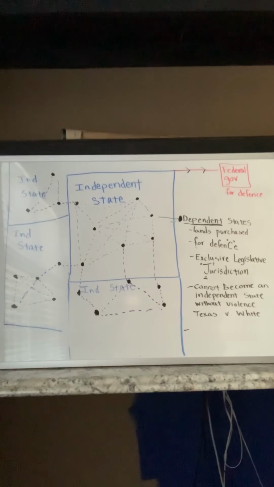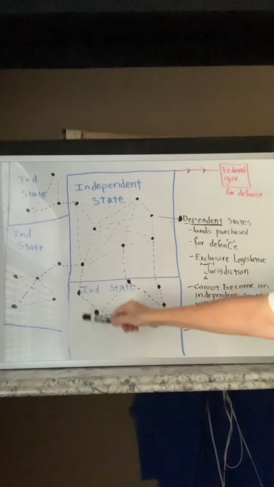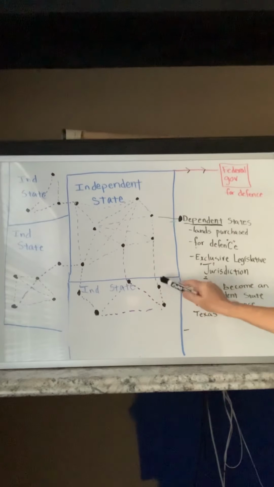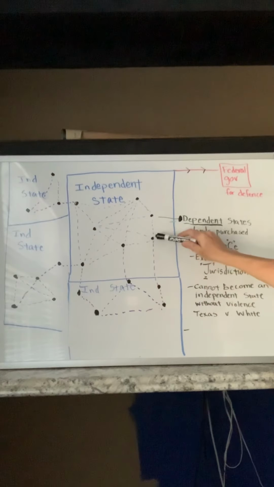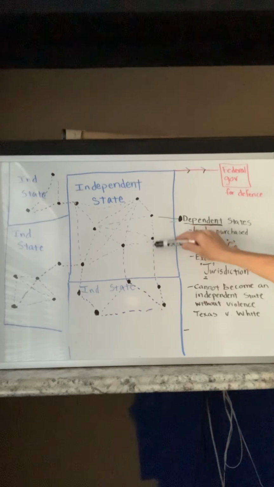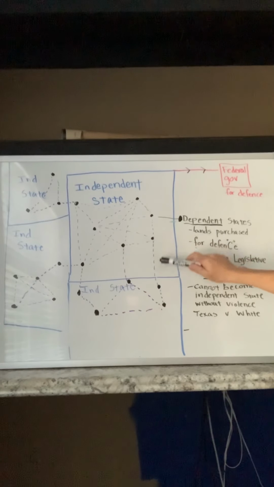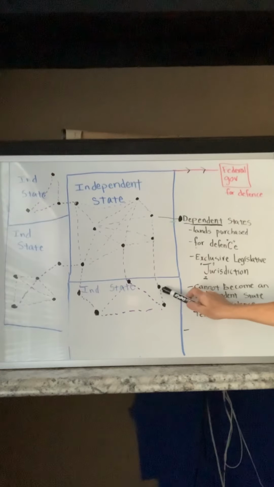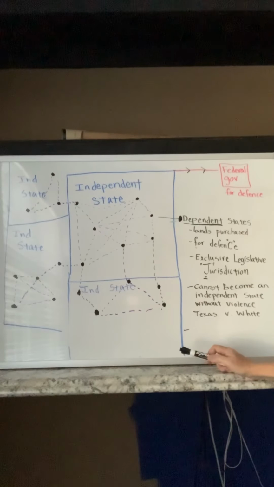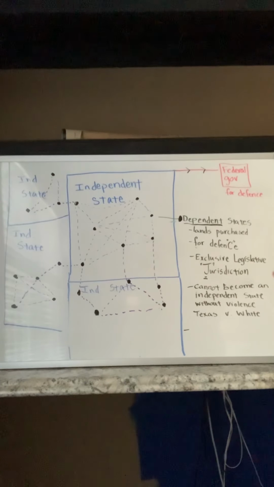This is important in times of war, because in war times you might have a state decide it's left the Union, or it doesn't want to participate in a war, and it blocks the passage of the people of the federal government from going from one independent state to another independent state, from one dependent state in an independent state to another military post in an independent state. So that's why it had to have either concurrent or partial legislative jurisdiction over the roads.